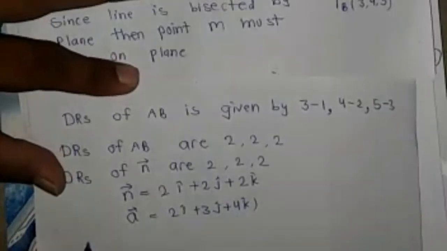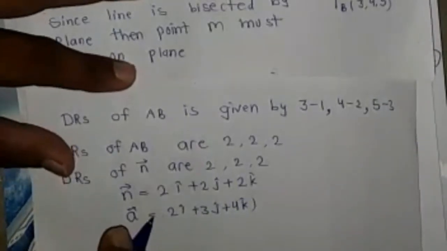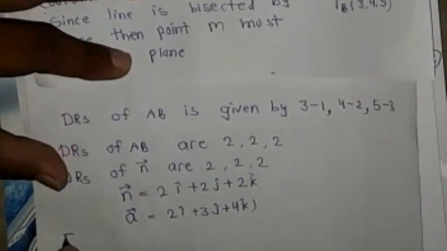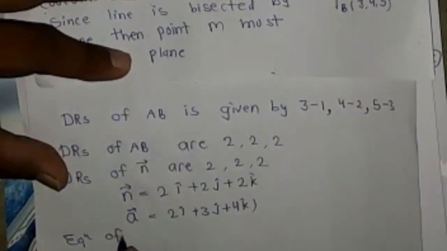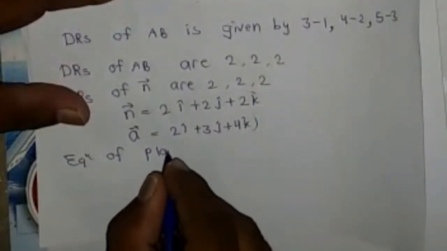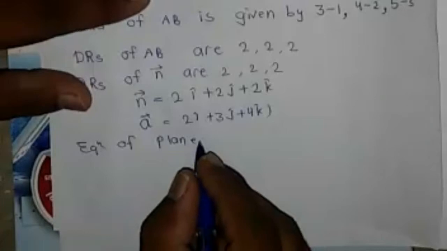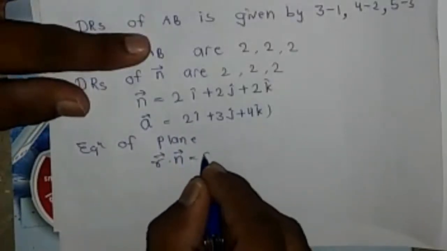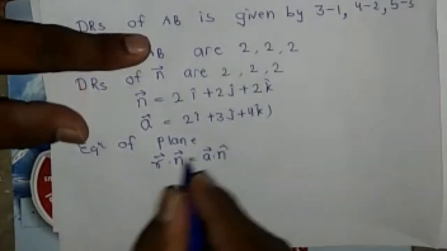Then the equation of a plane passing through a point whose position vector is given and normal vector is given is r dot n equal a dot n.